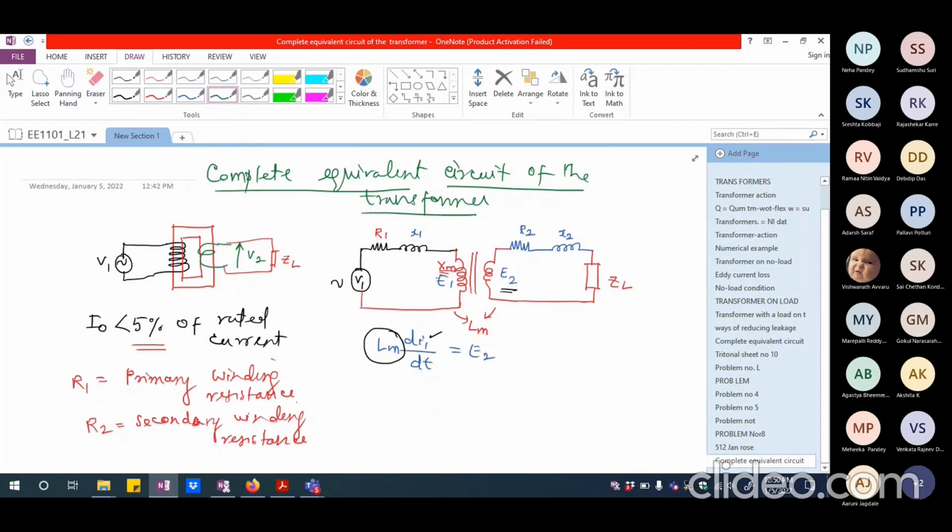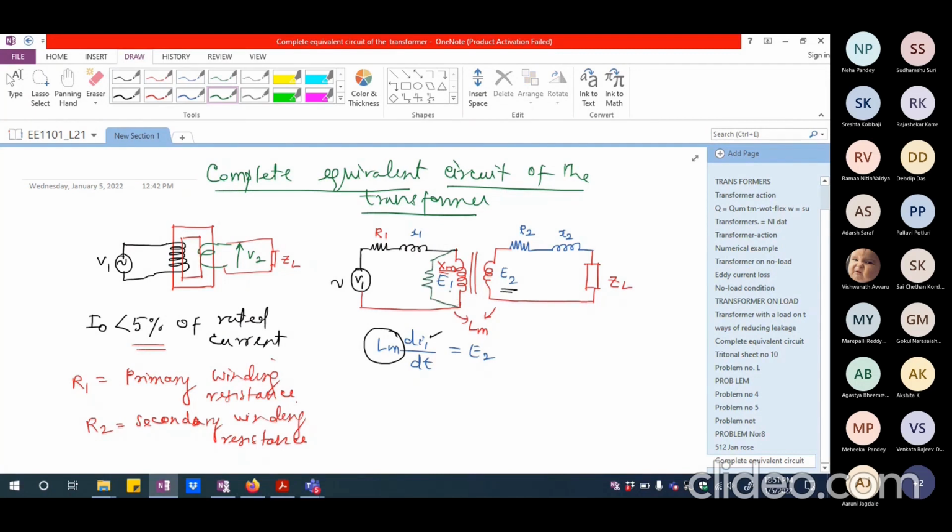Apart from that, I should definitely show one more factor which is corresponding to the core loss, because the core loss is real. It is going to happen no matter what. I can try to reduce it by lamination. I can try to reduce it by adjusting the material property in such a way that the BH loop is small, but I cannot eliminate it completely. So I should show generally a core loss resistance, which is a fictitious resistance.